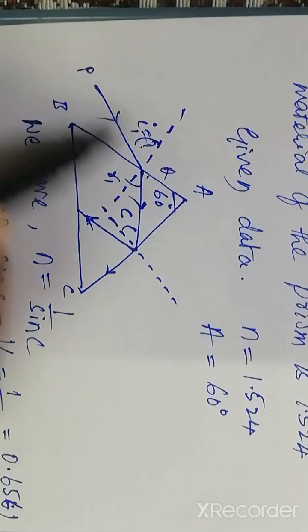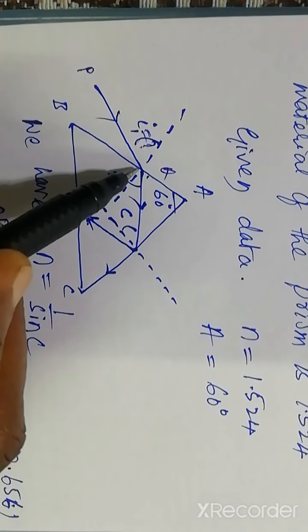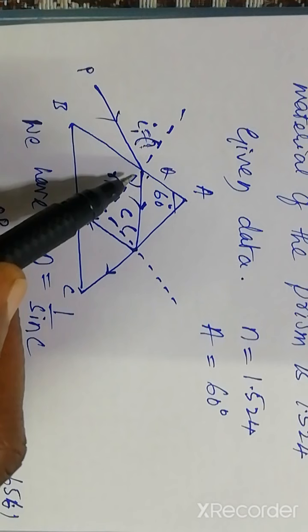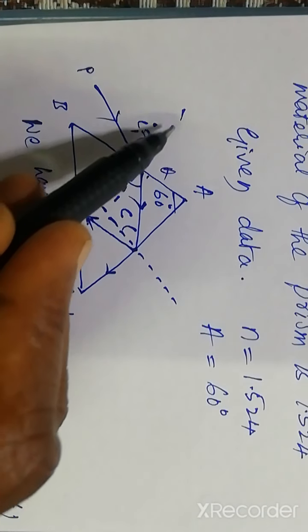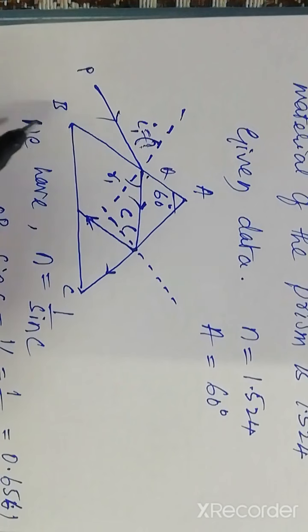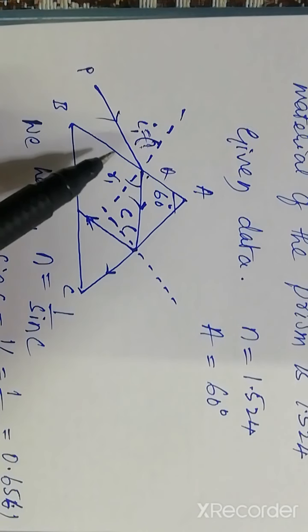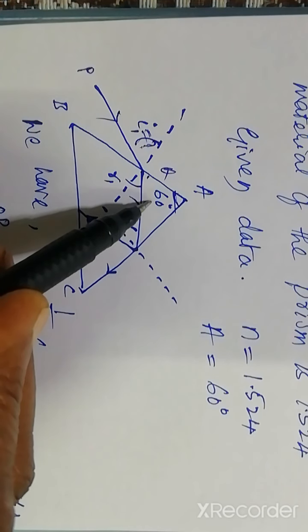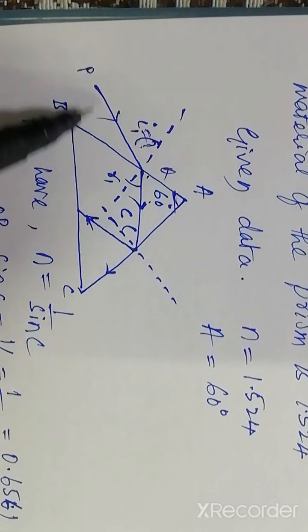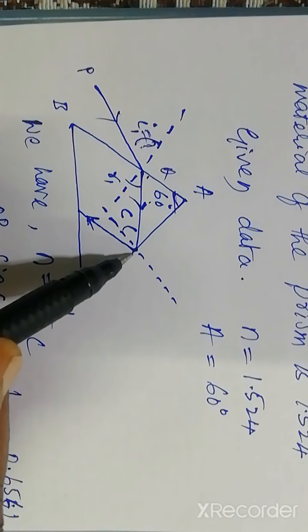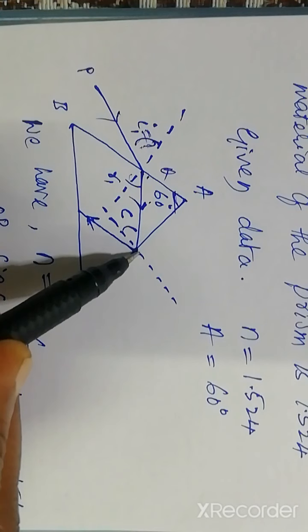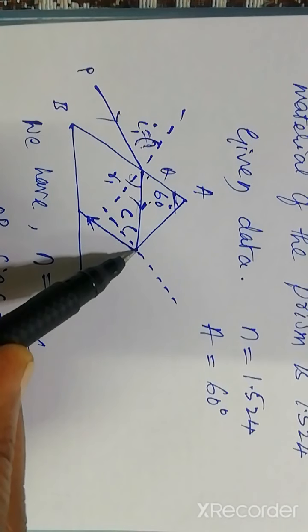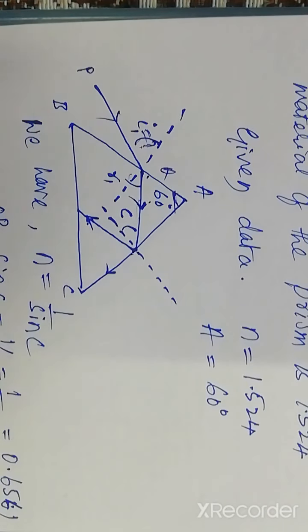The prism has refracting angle 60 degree, so that the refracted light just suffers a total internal reflection at the other surface, that is AC.